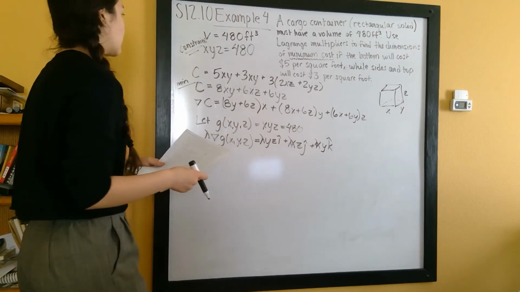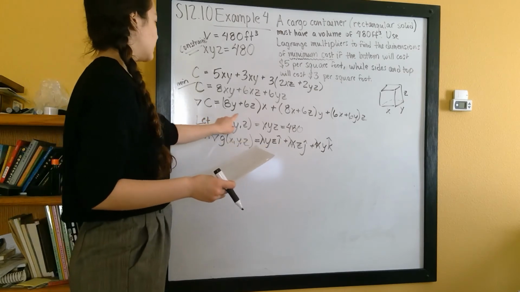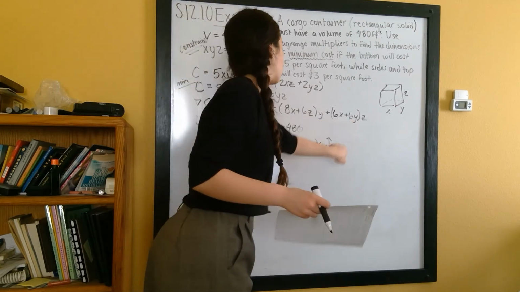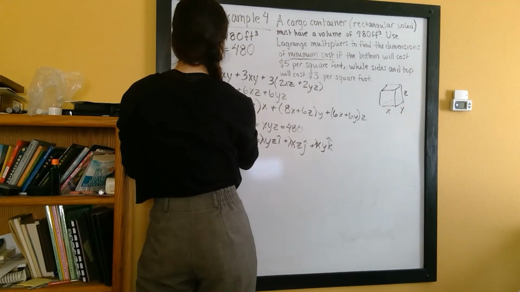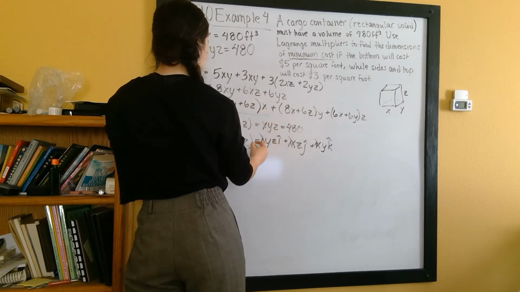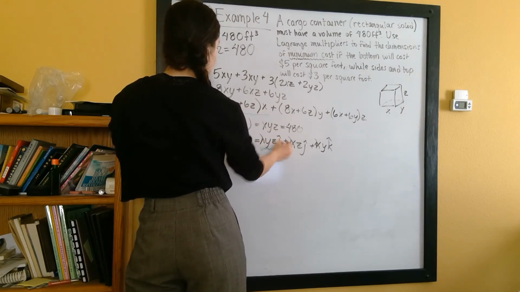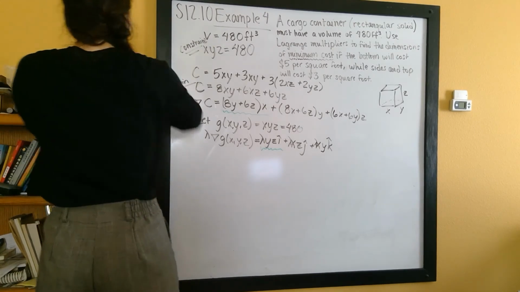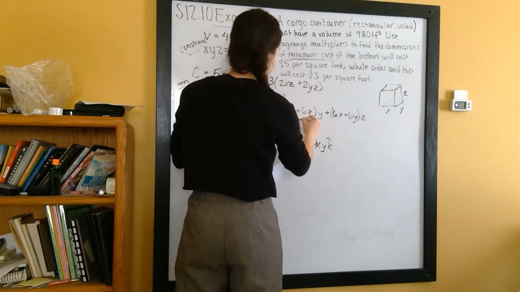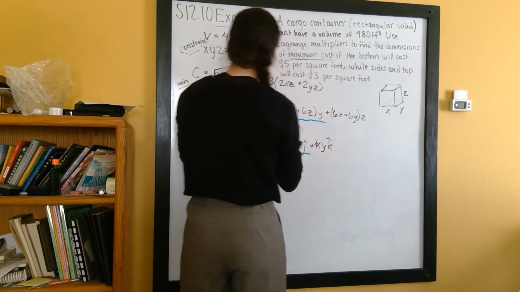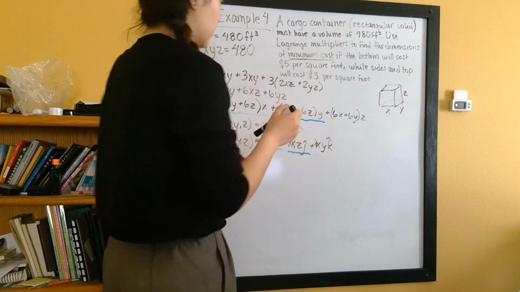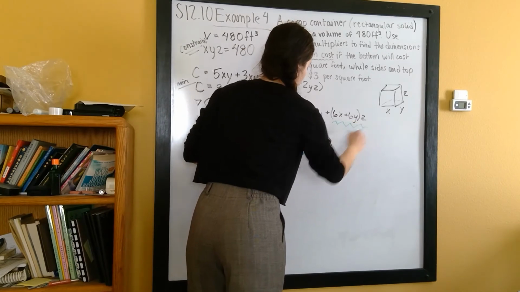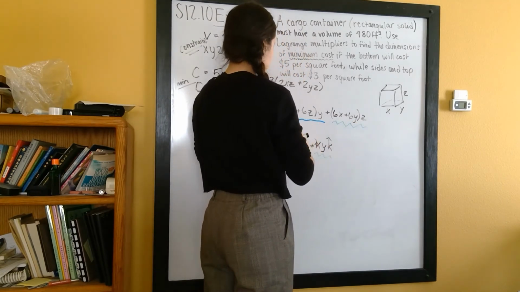Now, since we know that each of these components are going to be equal to each other, this is going to be equal to this, this is going to be equal to this, and this is going to be equal to that.